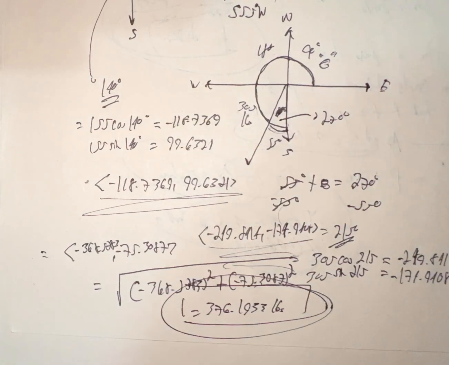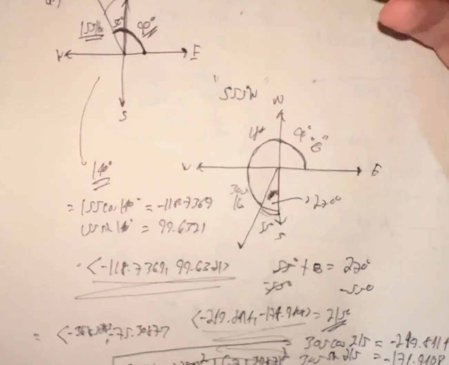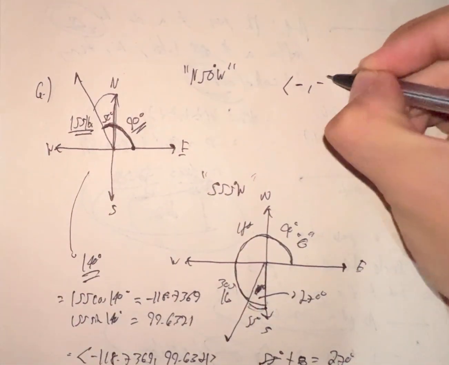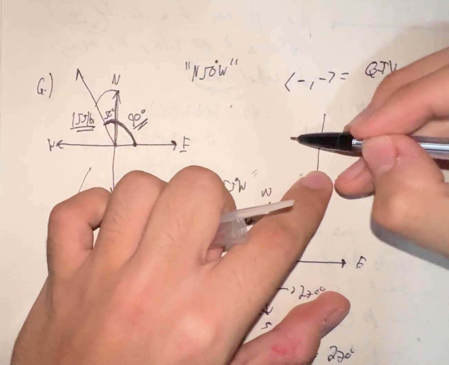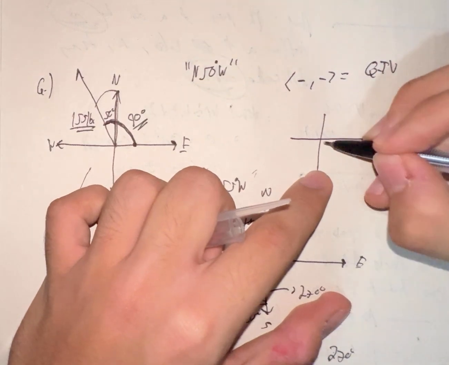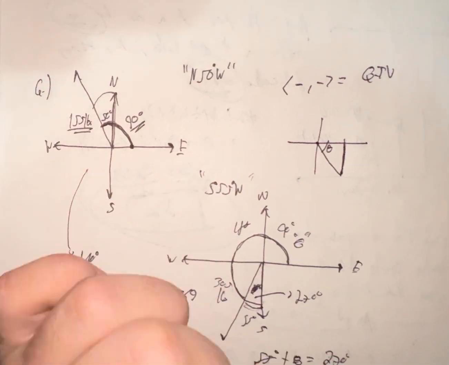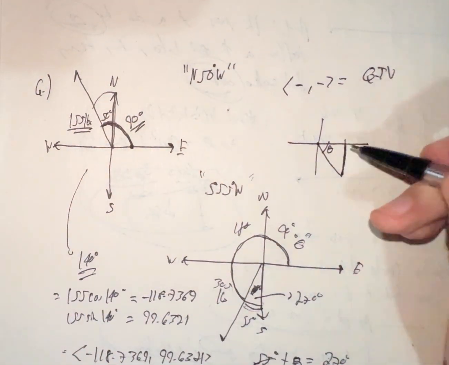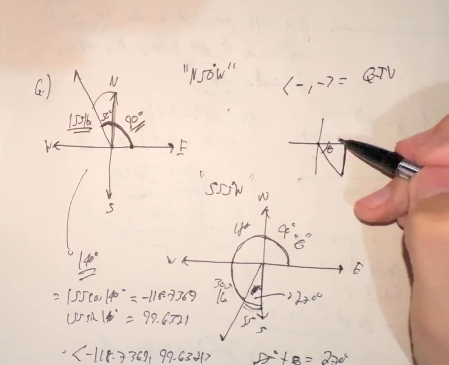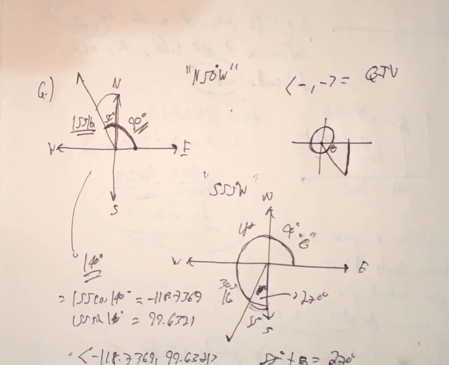Now we're going to try to find the angle. The angle is going to be pretty easy, using the butterfly method again. Here, negative, negative, that would be the fourth quadrant. Referring to the butterfly method, the angle that we're going to be finding is this angle here. You might be wondering why we're even doing this. If we know what quadrant it is, and what it looks like, we know exactly how to find the angle from here up to the vector.